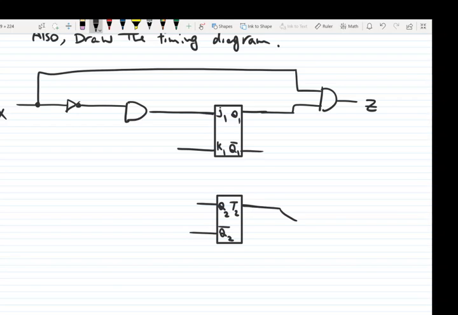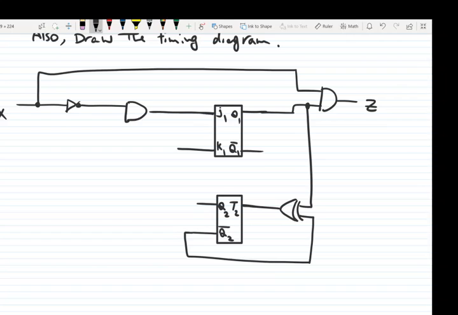T2 is connected to an XOR gate with two inputs: one is connected to Q1 and the other comes from Q2 bar.